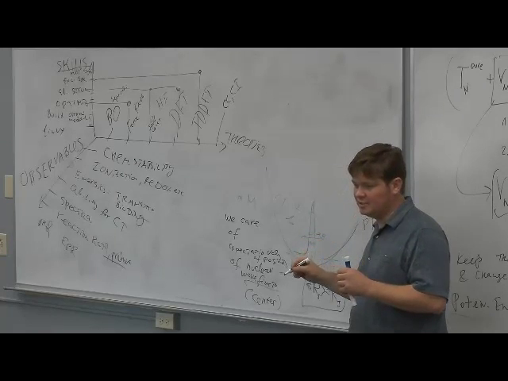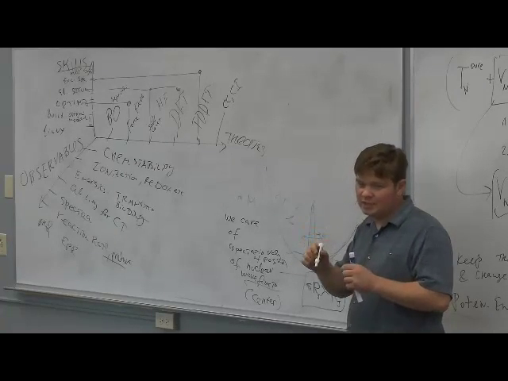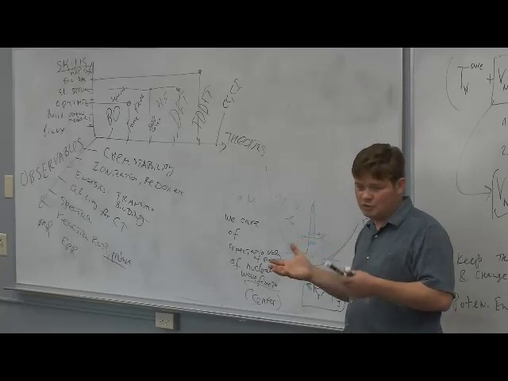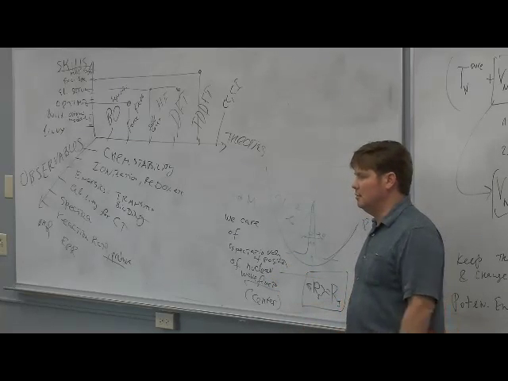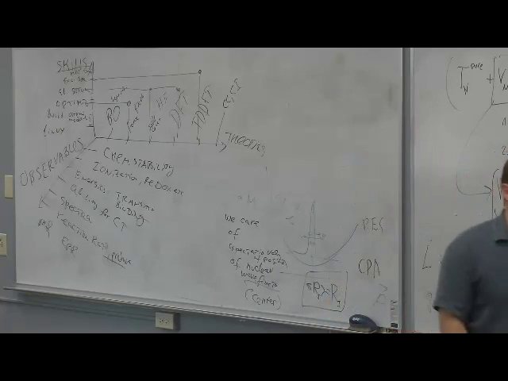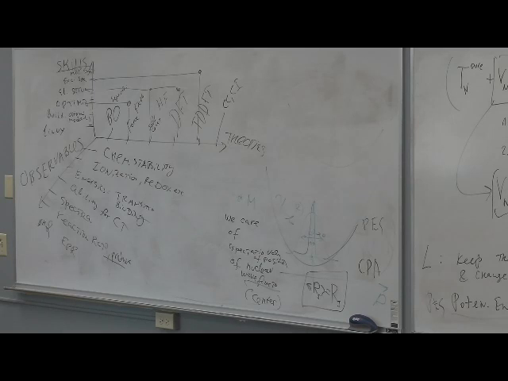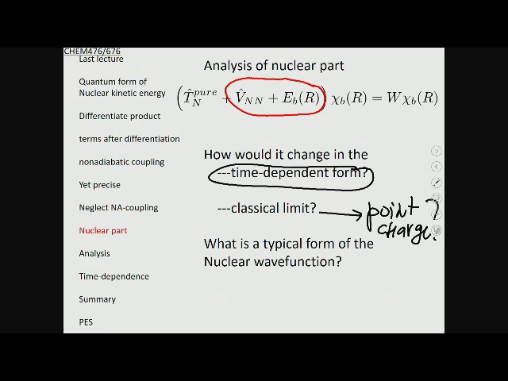So it's classical particles moving in different potentials depending on which electronic state we have. Very good. Good. So you see here classical limit, point charges.